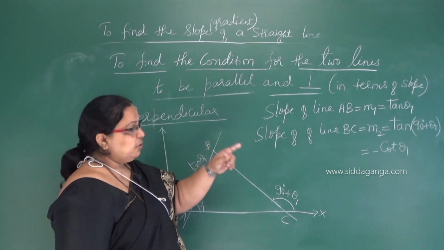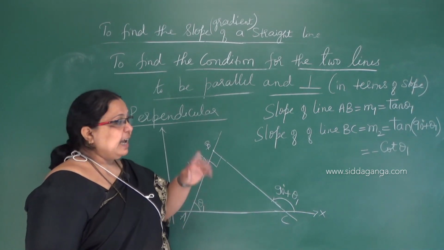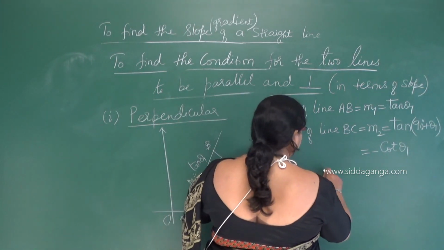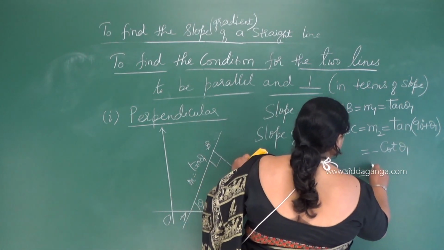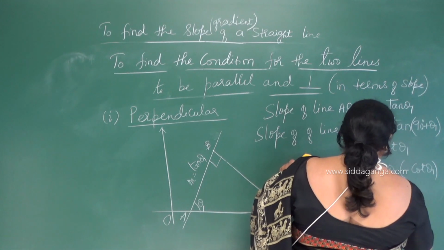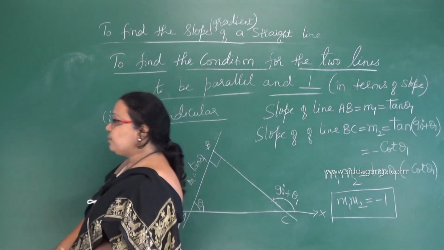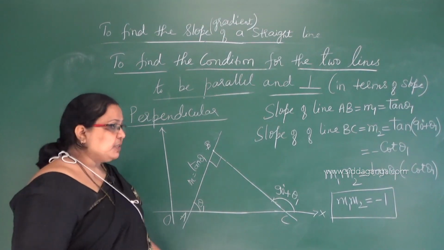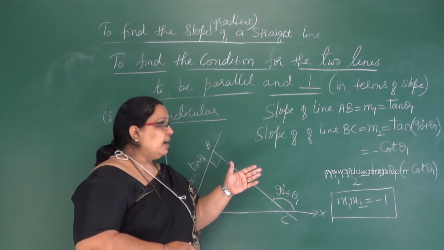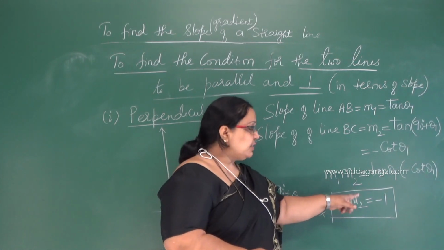In one we have the tan ratio, in the other we have the cot ratio. According to the reciprocal relation, we know that tan theta into cot theta equals 1, and if we multiply these two, then m1 into m2 is equal to tan theta 1 into minus cot theta 1, which is equal to -1. The condition for the two lines to be perpendicular is nothing but the product of their slopes is -1. When the lines are parallel, their slopes are equal, and when the lines are perpendicular, the product of their slopes is -1.